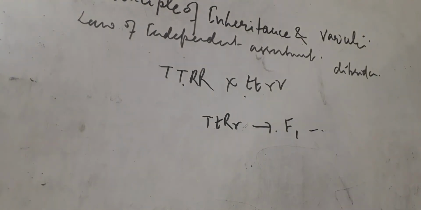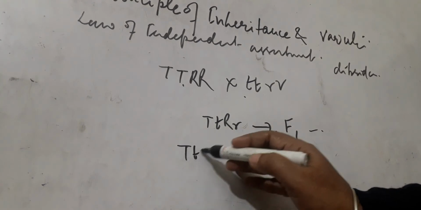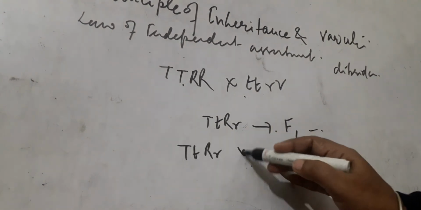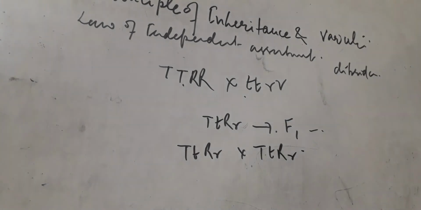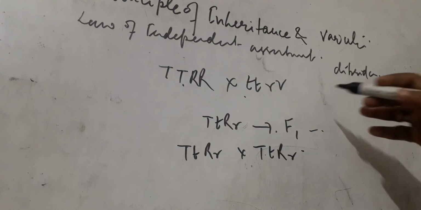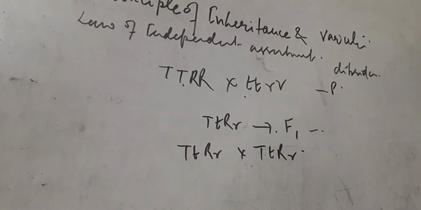When selfing this F1 generation, in the F2 generation some of the characters show two combinations. Here are two combinations of the parent generation, that is tall red and short white.